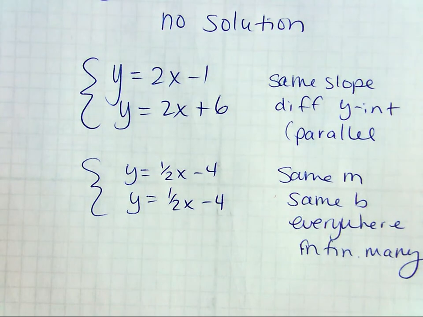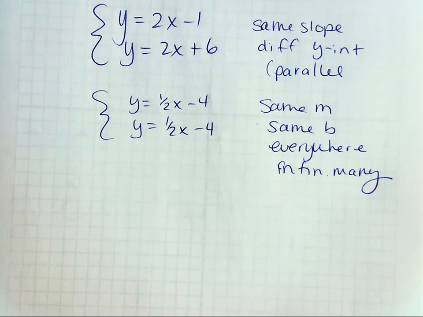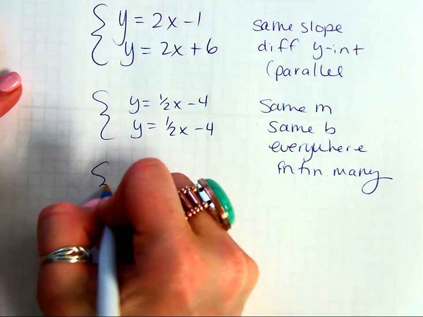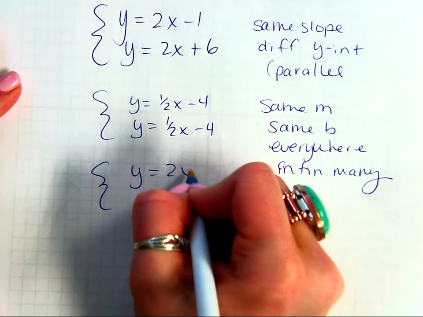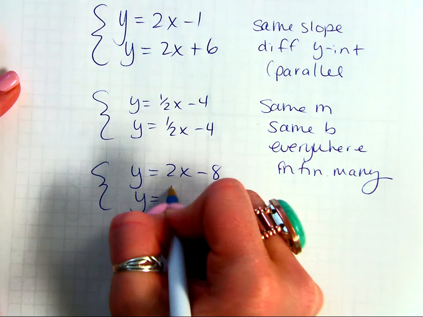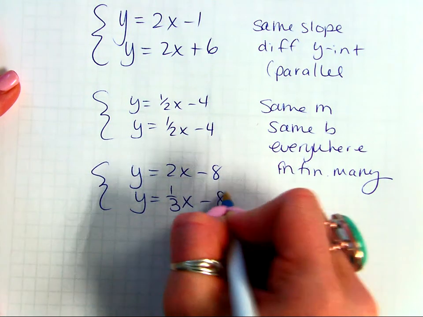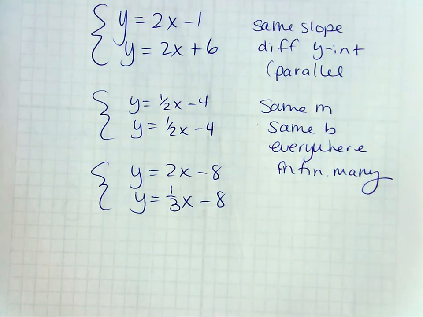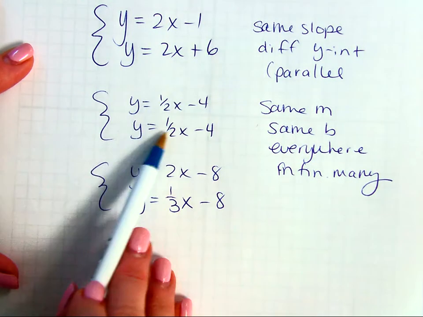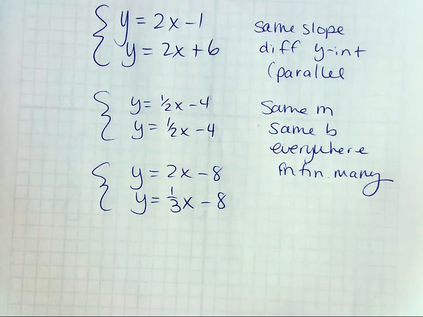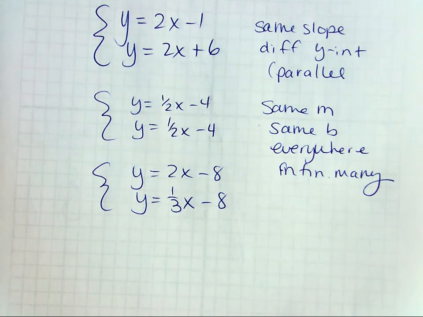What's the only thing we didn't do yet? Same y-intercept, different slope. Somebody asked me this yesterday in 5th hour. They were like, okay, same slope, different. Same slope, same slope. The only thing else is, what if it's the same y-intercept, different slope? I said, you tell me. What does that mean? The only time they're never going to meet is when they have the same slope.